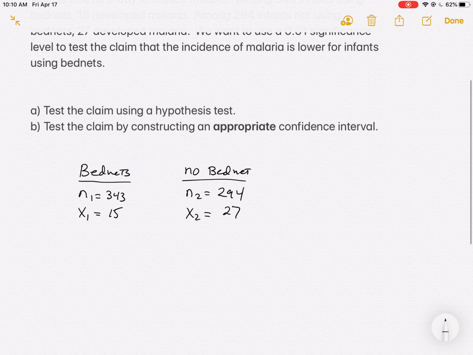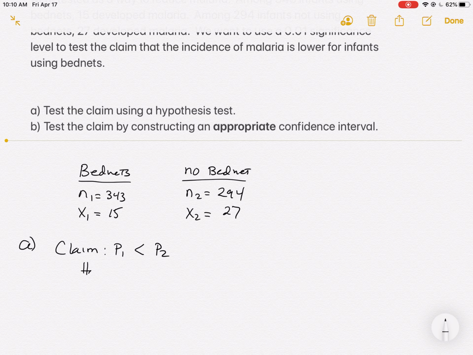Okay, and so they want us first to test it using a hypothesis test. No problem. Our claim, so this is A, our claim is that P1 is less than P2, right? That the incidence of malaria, the rate of malaria, is lower for infants using bed nets than no bed net.